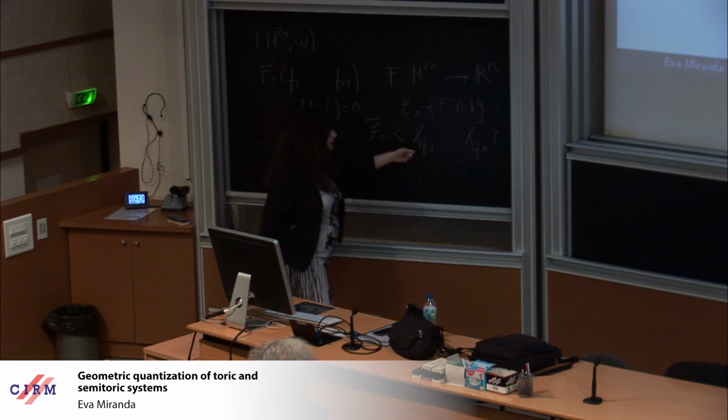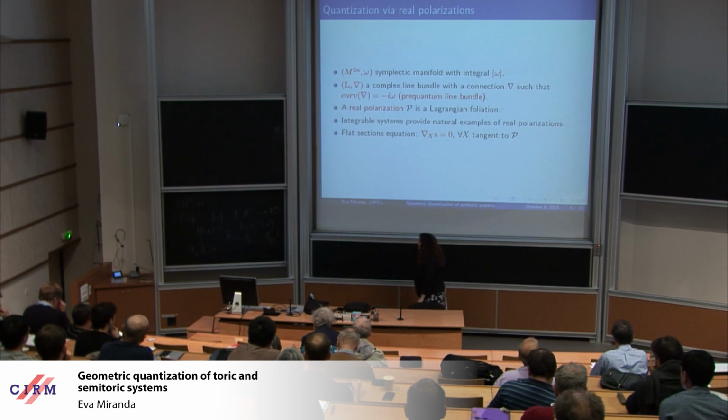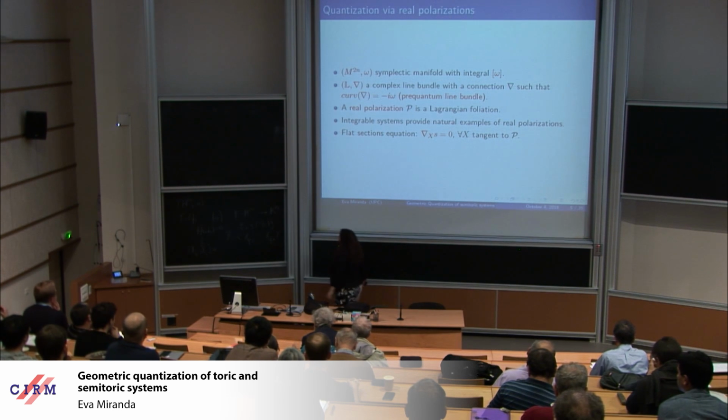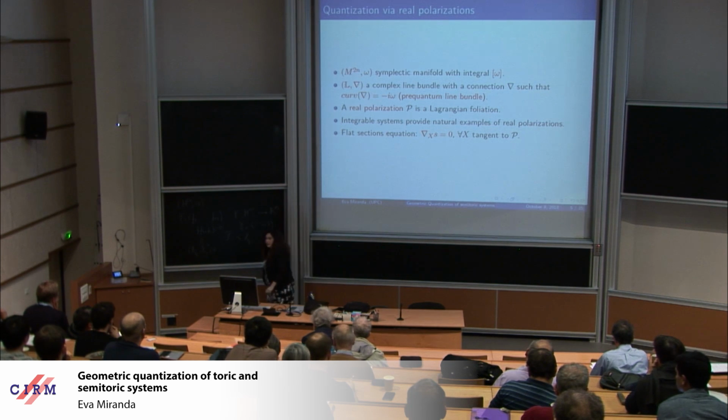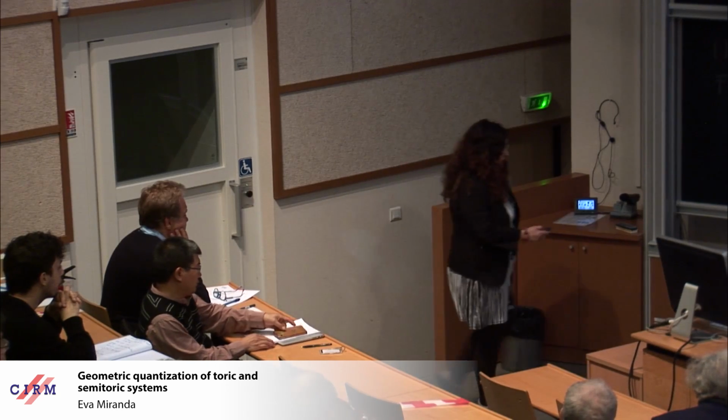So this is really an integrable distribution, and it defines a foliation. With some conditions on F, these foliations are the same. In particular, if I consider a regular compact fiber, they are the same in a neighborhood, okay?